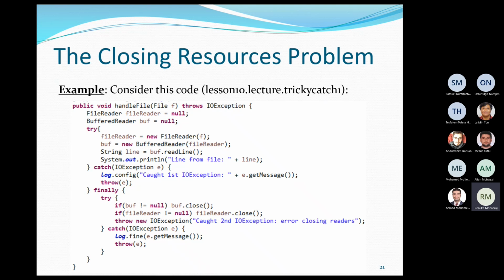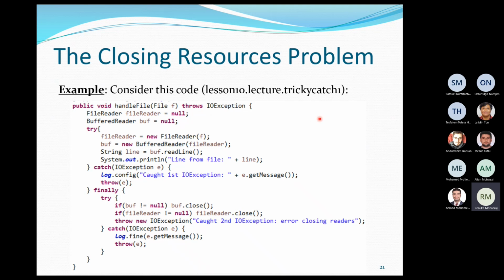What do you mean by checked exception? It is checked by the compiler. When I use this BufferedReader, you must give this throws line. If you don't, the compiler forces you to give it. That's called a checked exception. A checked exception means you must declare it with throws in the method.